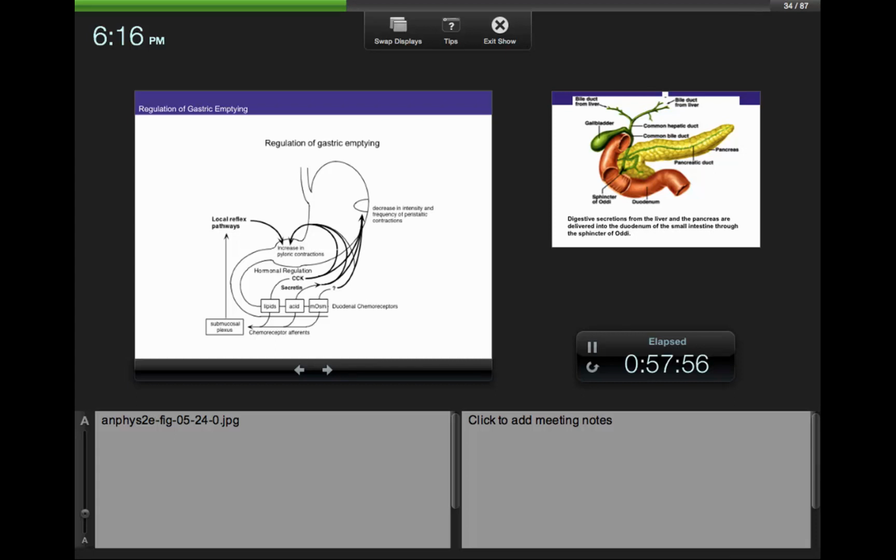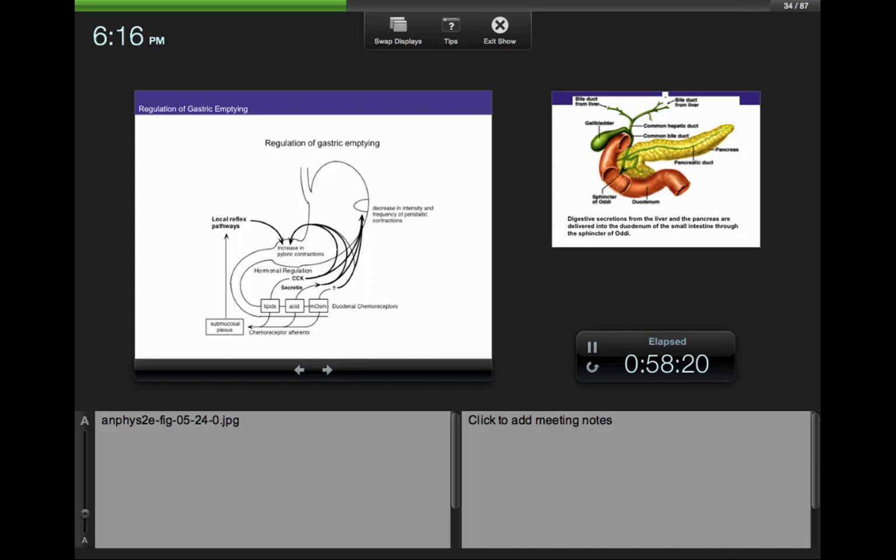It's a hormone, so it travels to the pancreas and the gallbladder. Does a few things. It stimulates the gallbladder to contract, and it stimulates the pancreas to release lipase. Makes sense.